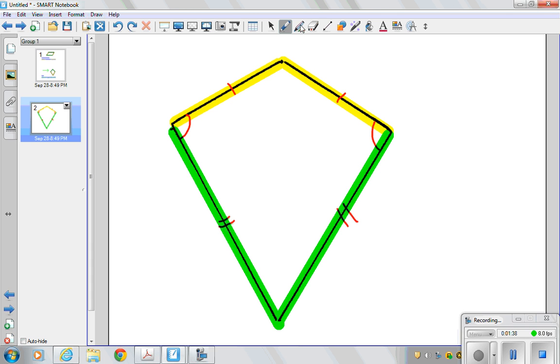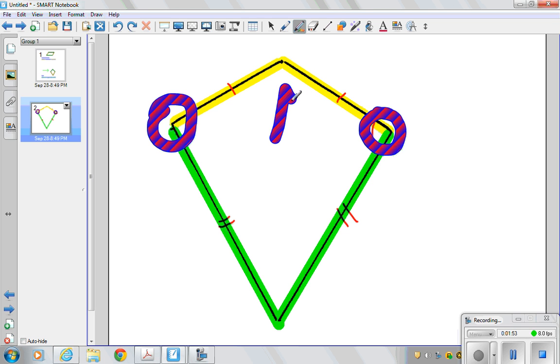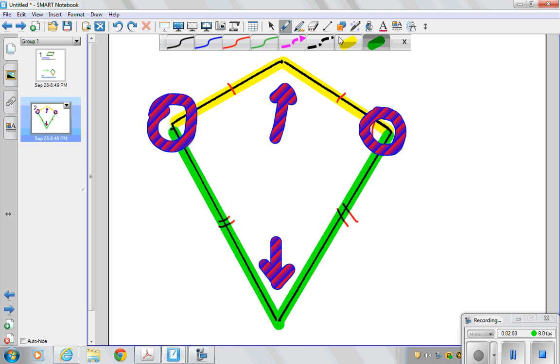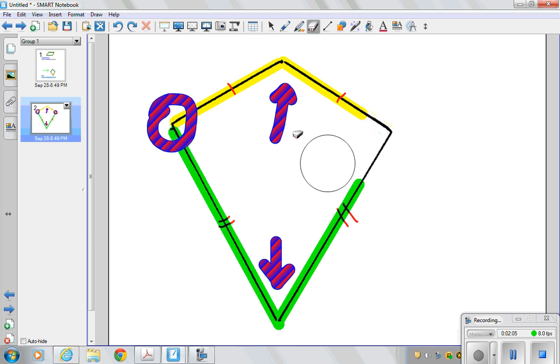Okay, now the angles that will be congruent will be this angle here and this angle here. Okay, notice the location. They are in between the two non-congruent sides. All right, this angle right there, see how it's in between the two congruent sides? And so is that. So that means those will not be the same. So let me just use some numbers here.